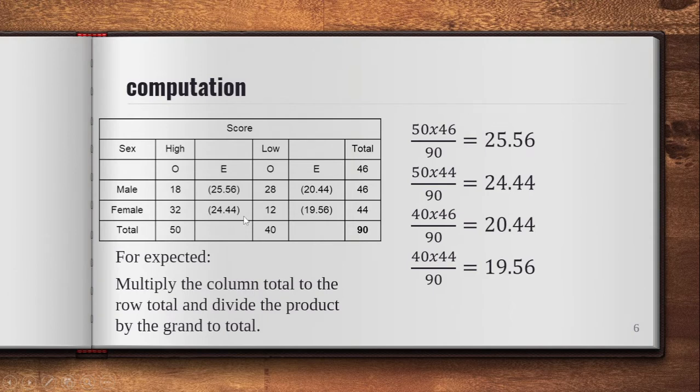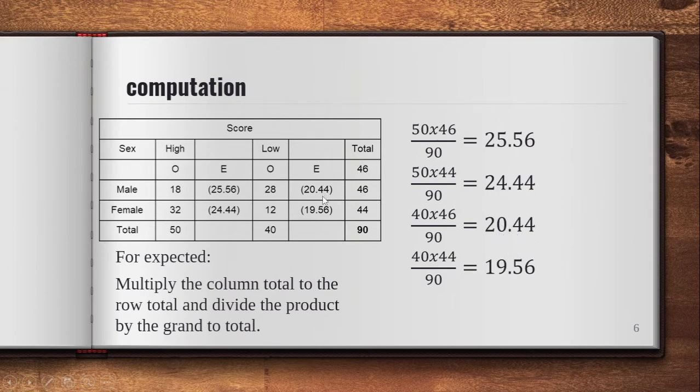Now, in computation for low, the total of low, 28 plus 12, is equal to 40. The total of 40 in low times 46 all over 90 is equal to 20.44.